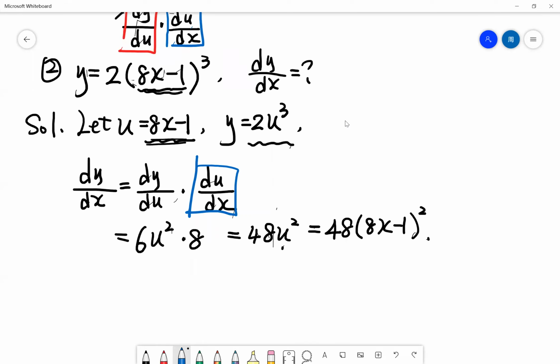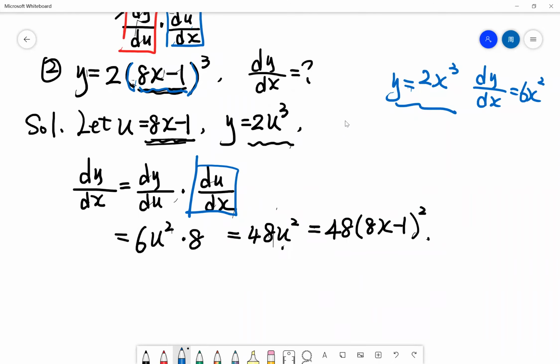Okay, here the function is y equals 2 times something to the power 3, right? So we can let the inside, 8x minus 1, be a function too. Because if I give you the function y equals 2x to the power 3, you will calculate dy by dx equals 6x to the power 2, right? So here we can make it easier like this.